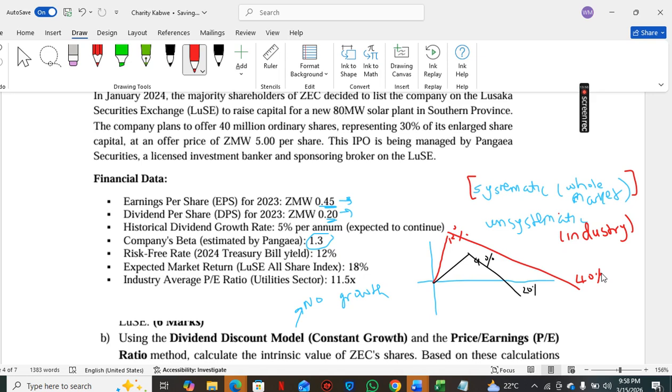So beta is also put in relation to the stock market. The stock market has a beta of 1. So if your beta is higher than the stock market's, whatever happens to the stock market will happen more to your company. If your beta is less than 1, whatever happens to the stock market will happen less to your company. Any questions?